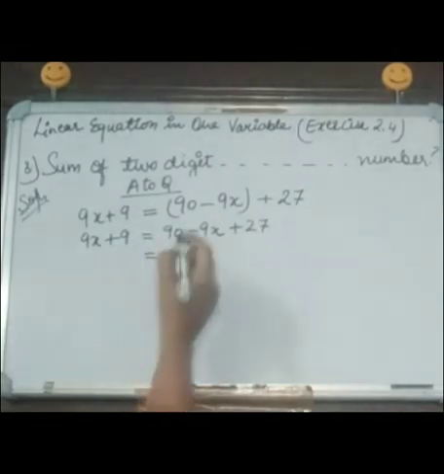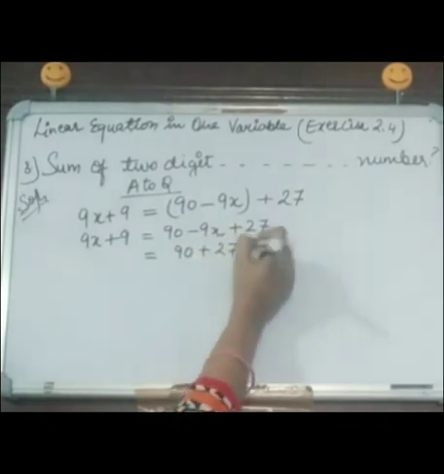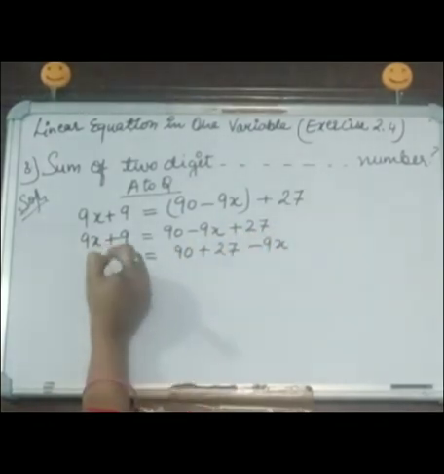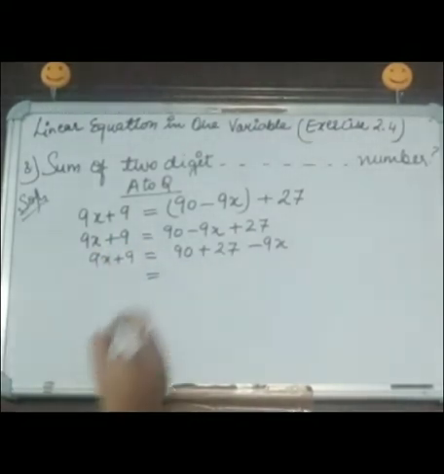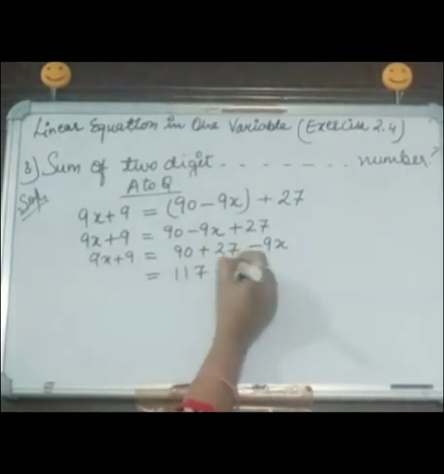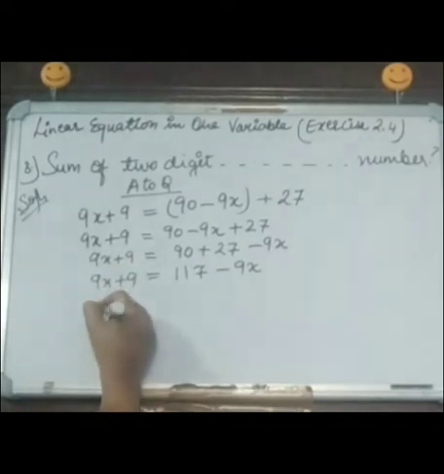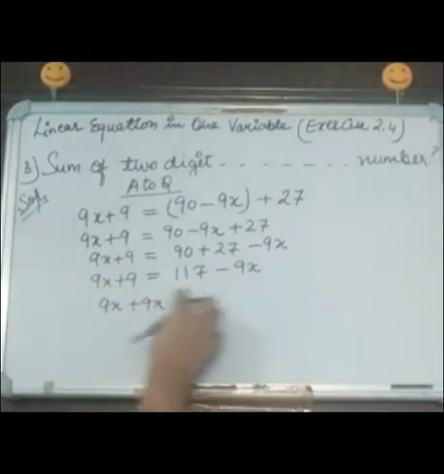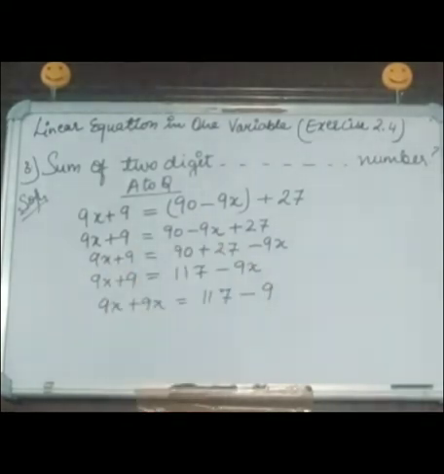Okay. Now first of all, this 90 plus 27 we will write together, and the variable we leave like this. When we add, it will become 117 minus 9x, and 9x plus 9. So 9x plus 9x, this one 9x I have shifted here. And 117 minus 9, this one 9 I have shifted to this side. Now here it is 18x, and here it will become 108.